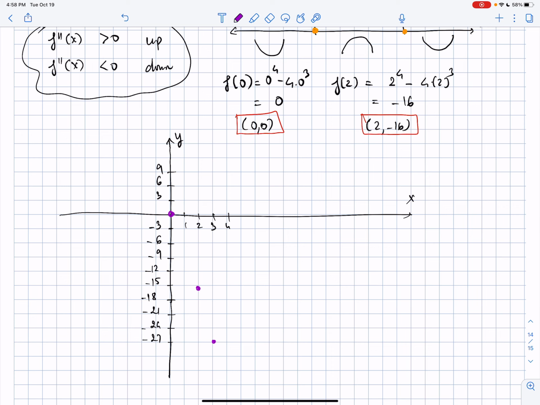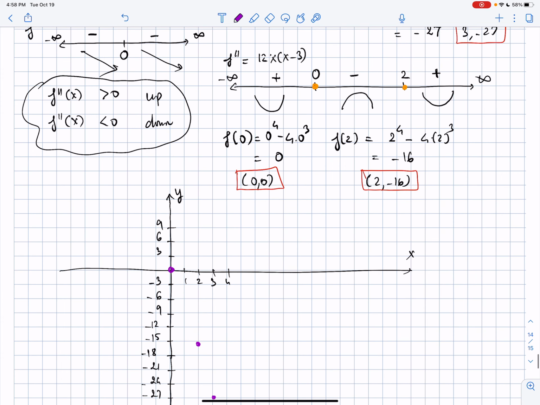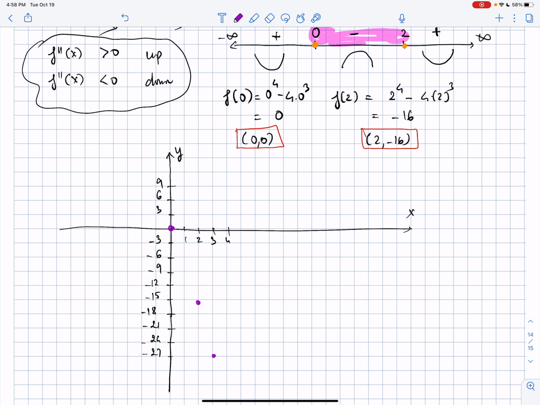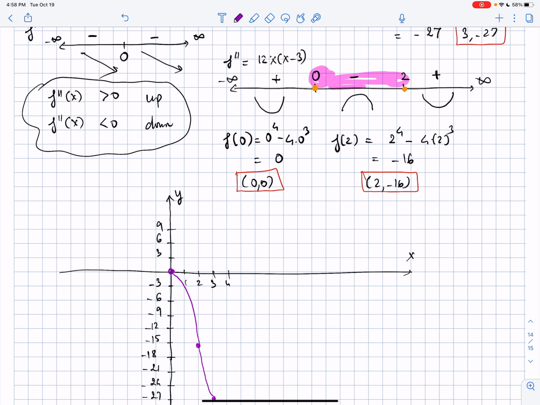Okay, so between negative infinity and 0 is concave up. And between 0 and 2, we have concave down. So we're going to draw like this, between x equal to 0 and x equal to 2, concave down. And then more than 2 is concave up. So we're going to do like this, right?